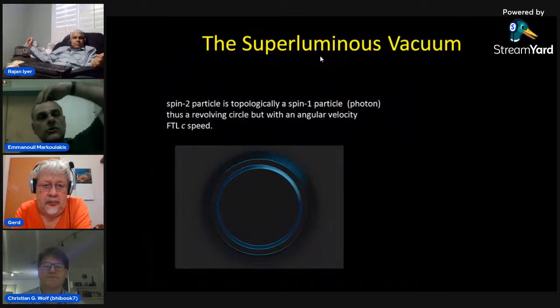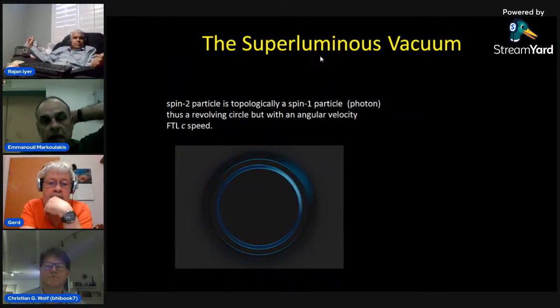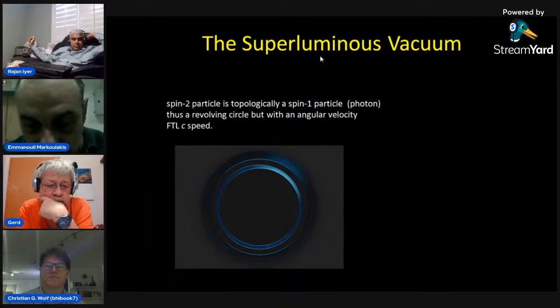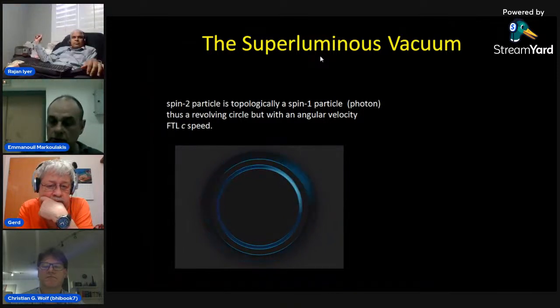Okay, so a spin 2 particle, as we said before, is topologically equivalent to a spin 1 particle, a normal photon, but which is revolving with an angular velocity faster than the speed of light, FTL c. That's the difference between a spin 2 and a spin 1 particle, according to our research.